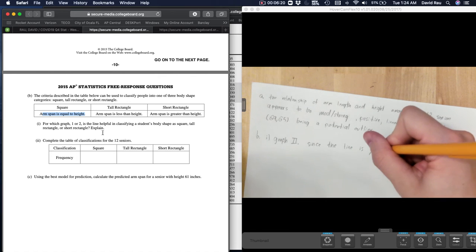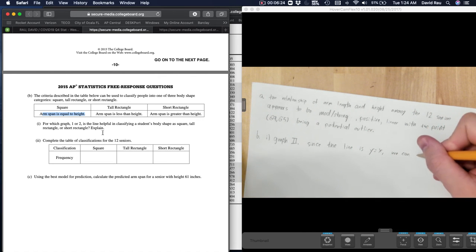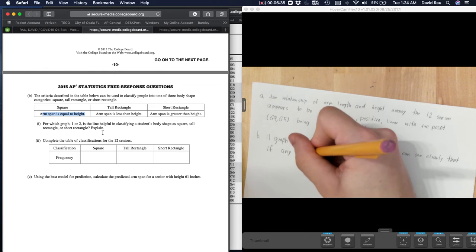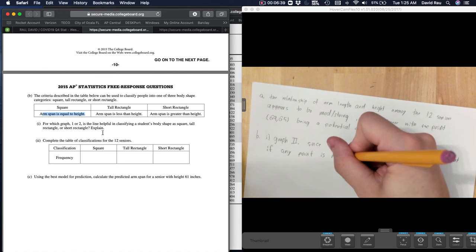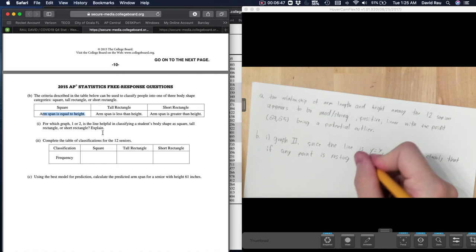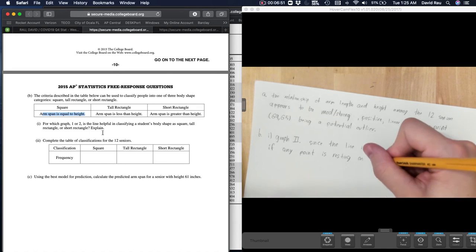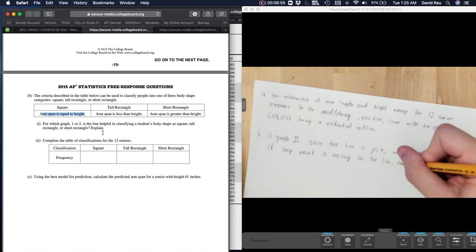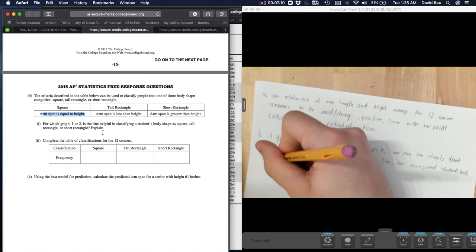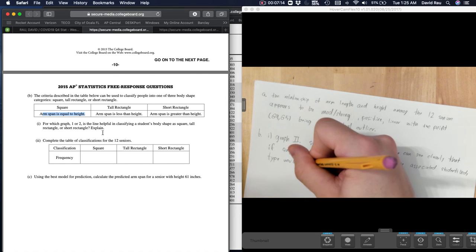Since the line is y equals x, we can see clearly that if any point is resting on the line, the associated student's body type would be square.